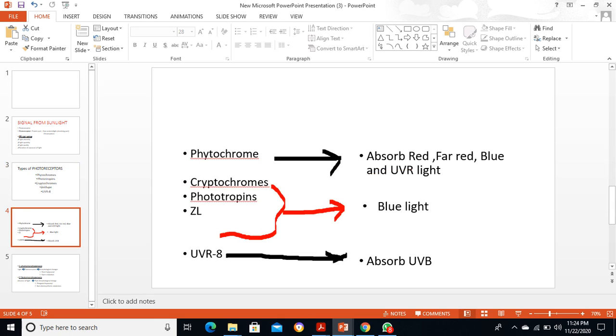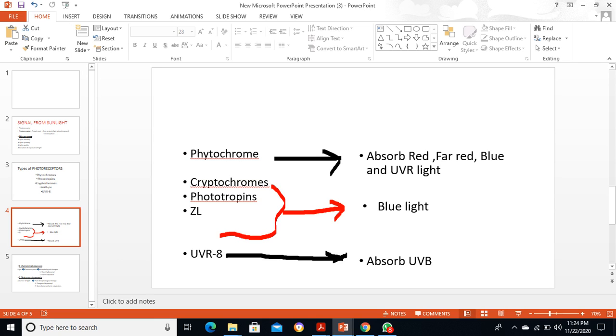First one is phytochromes. Phytochromes absorb red and far red light. They can also absorb blue and UV light. Then cryptochromes, phototropins and Zeitlupe absorb blue light. And UVR8, as the name indicates, absorbs UVB light.